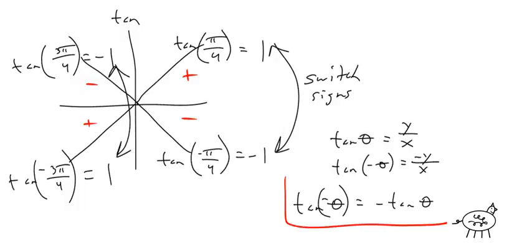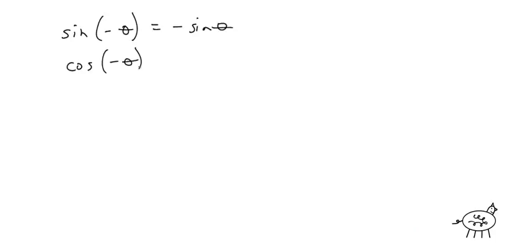So this again, math fans, is going to have a red box around it. Okay? So let's summarize what we have here. We have sine of negative theta equals negative sine of theta. We have cosine of negative theta equals positive cosine of theta.